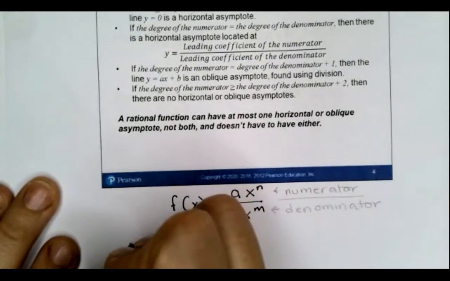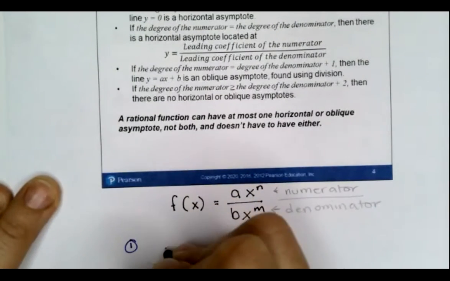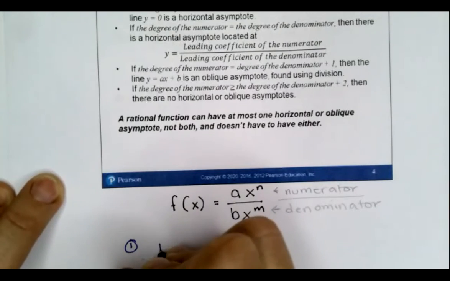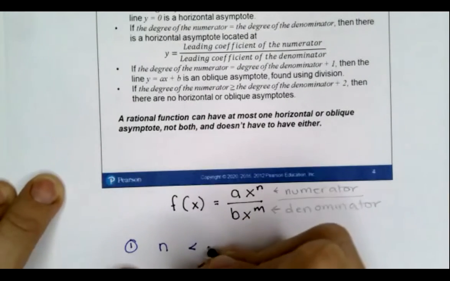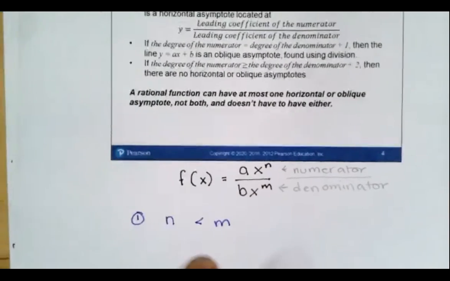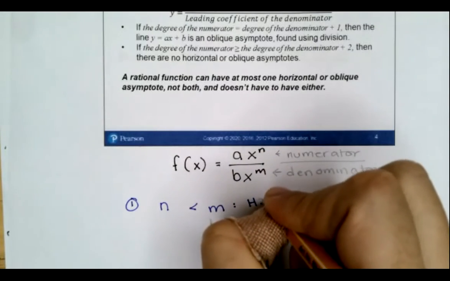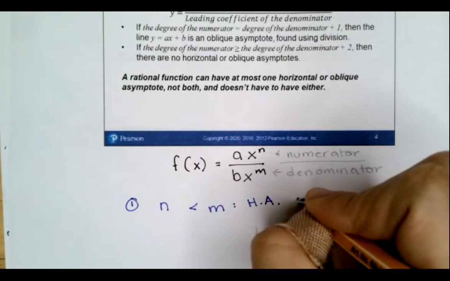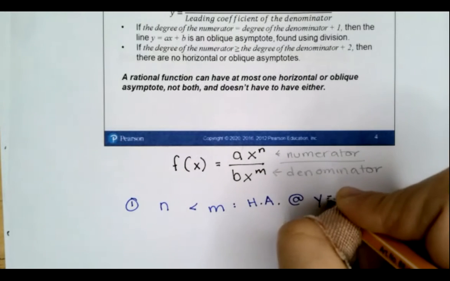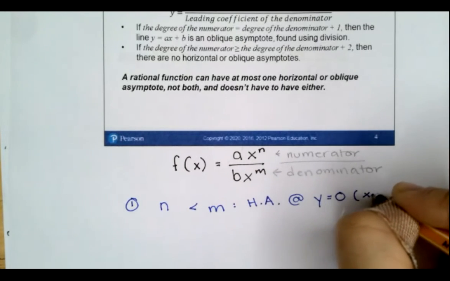If the degree of the numerator is less than the degree of the denominator, then you have a horizontal asymptote at y equals 0, which is the x-axis.